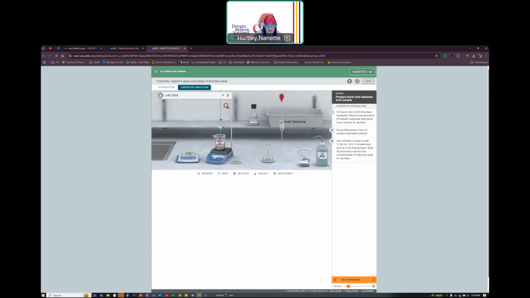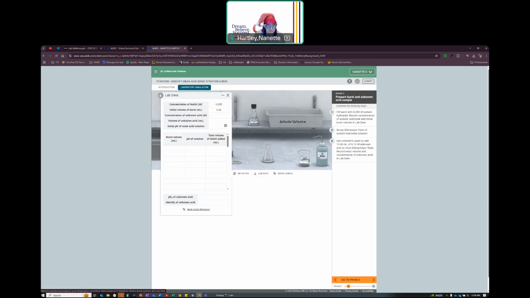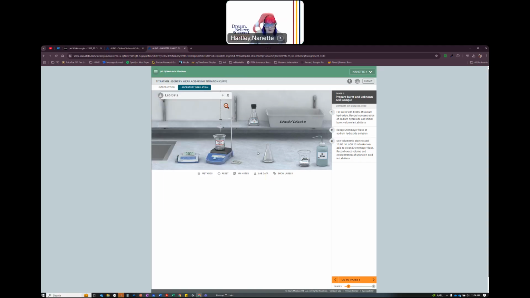And I can put this in here. And then I need to record that in the data. So concentration 0.10. And I added exactly 10.00 milliliters because it's a graduated pipette. And it says that right there, 10.00. Okay. Take that out. And I can go to the next phase because that's the last thing it says.